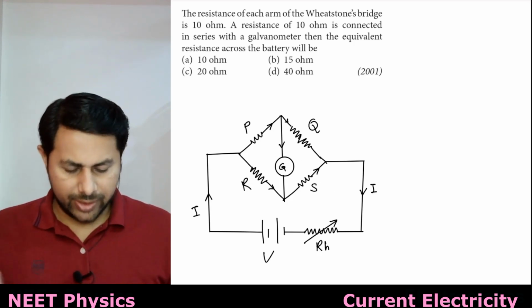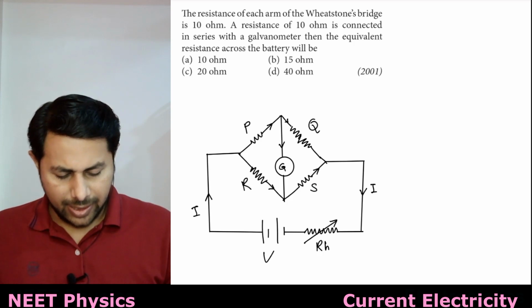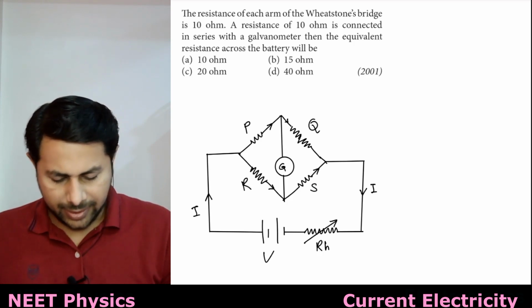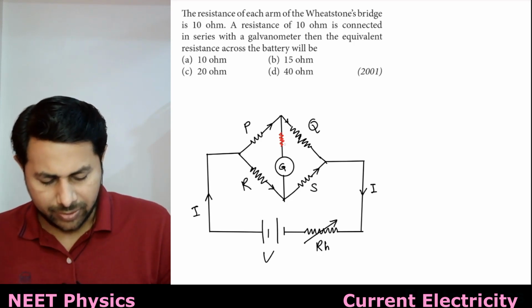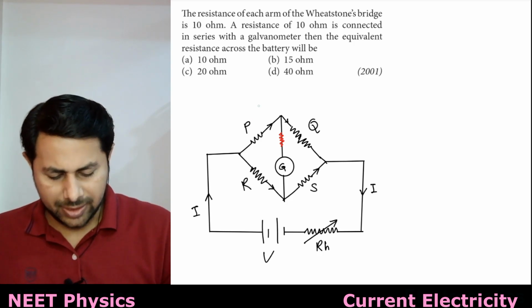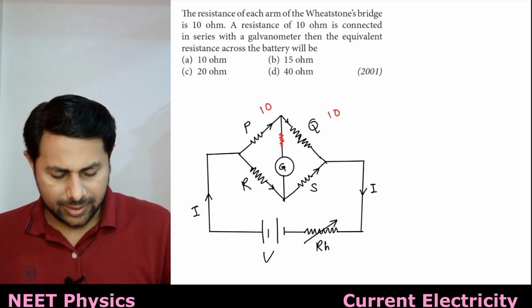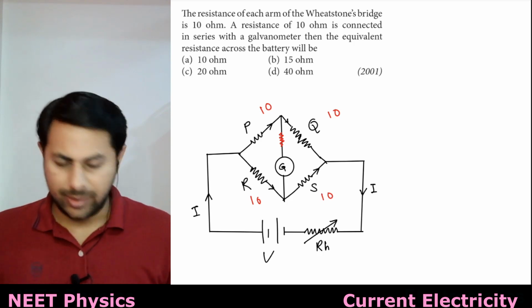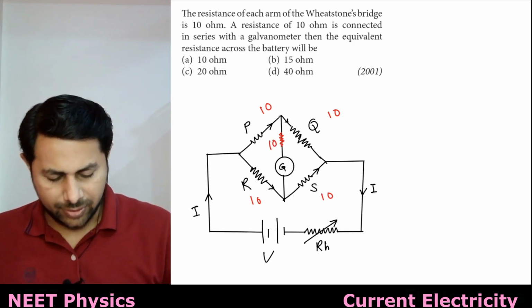You have this Wheatstone's bridge network, and you are connecting an extra resistance here in series with the galvanometer. P is 10, Q is 10, R is 10, and S is 10. This is given, and this resistance is also 10.